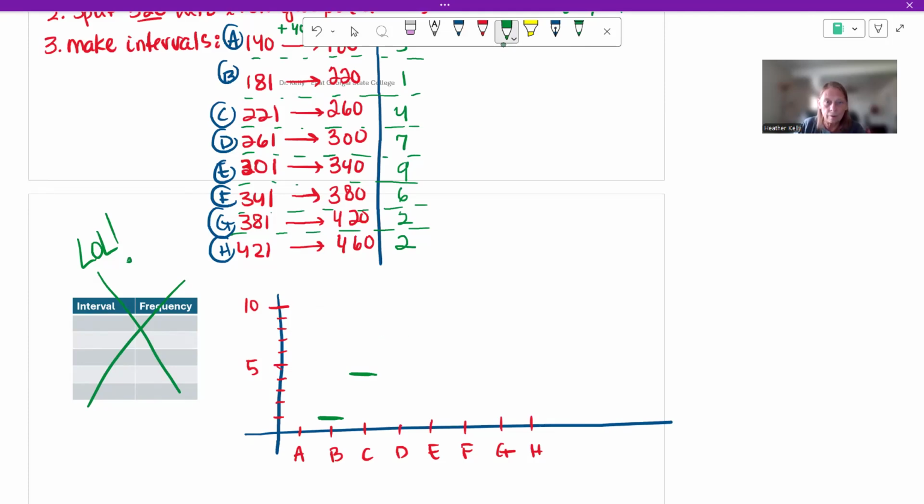E to 9. F to 6. Come on, give it to me. G to 2. H to 2.